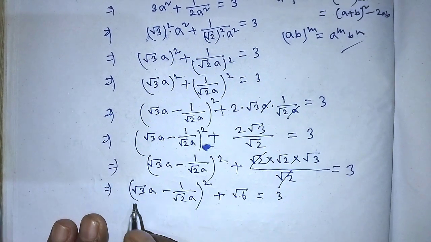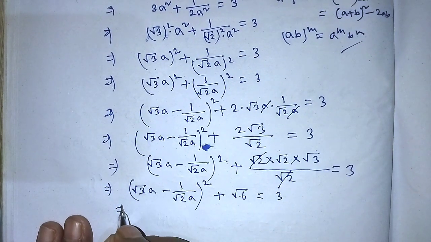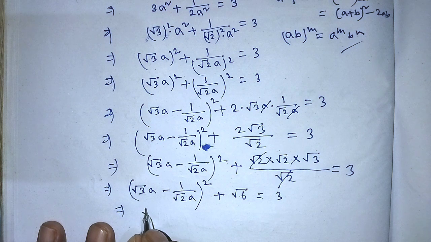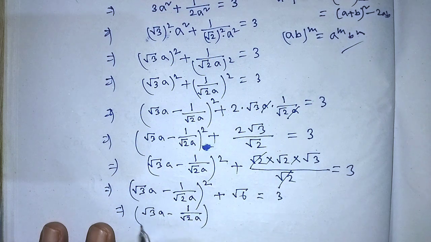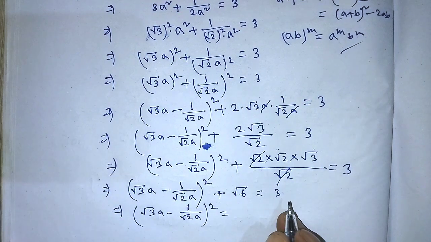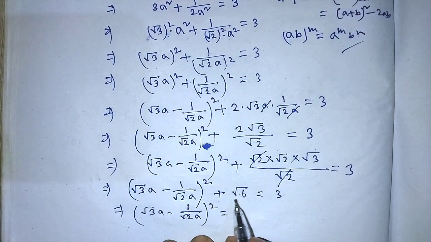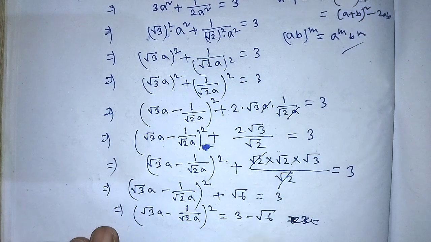So my dear student, after that we can write (√3a − 1/(√2a))² is equal to, if you transpose √6 from the left hand side to the right hand side, 3 − √6.